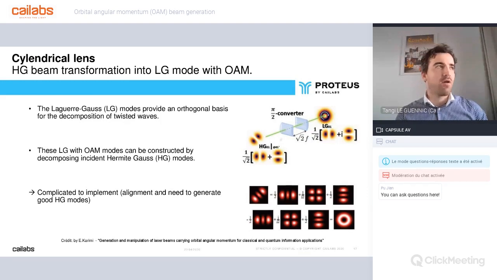Each series of HG modes with several successive phase transformations can form an LG mode with OAM. It is a mathematical and optical decomposition which gives excellent results as soon as we have a perfect alignment and a good HG mode generator. Unfortunately, that's also why this method is particularly difficult to implement.